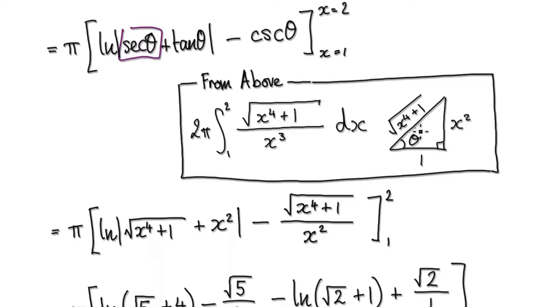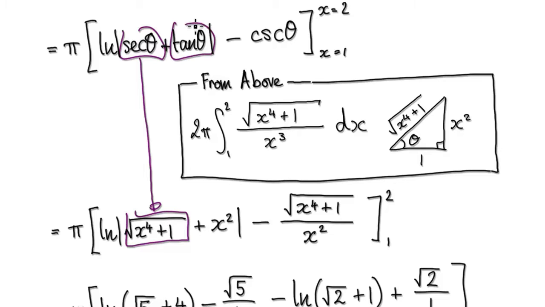Secant theta is hypotenuse over adjacent. So it's really this square root thing divided by 1. So translating this block here will give you this block here.